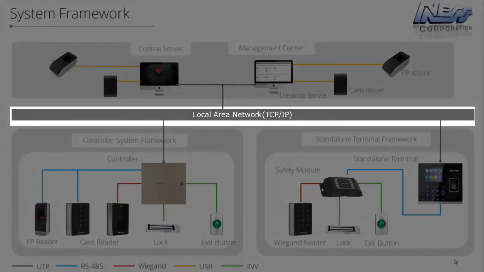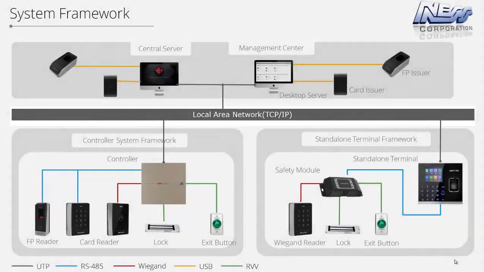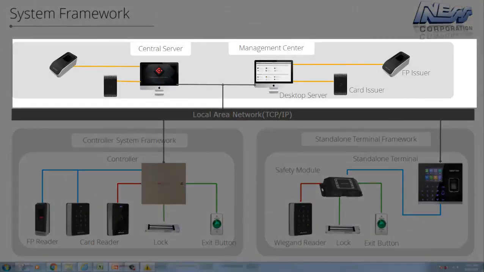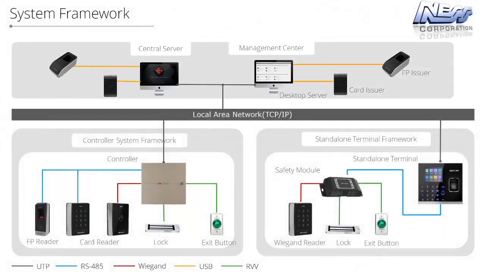These are connected onto a local area network up to the management computer for programming and managing the system, and this can be either the 4200 software or the Hike Central. And we'll look at each one of these in more detail in the coming slides.